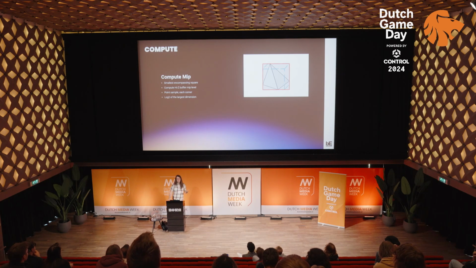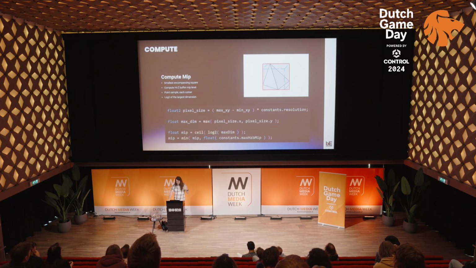Now, we can compute a matching MIP level by converting the square size to pixels and taking the log base 2 of its largest dimension. This lets us calculate how many times we need to divide the square by 2 before it fits in a 2 by 2 square, which is pretty much exactly what our MIP levels also do.